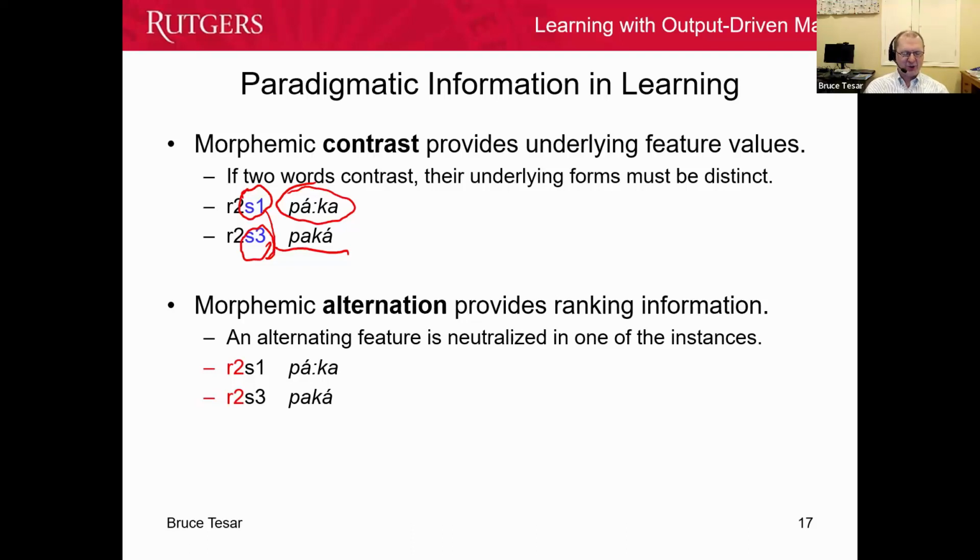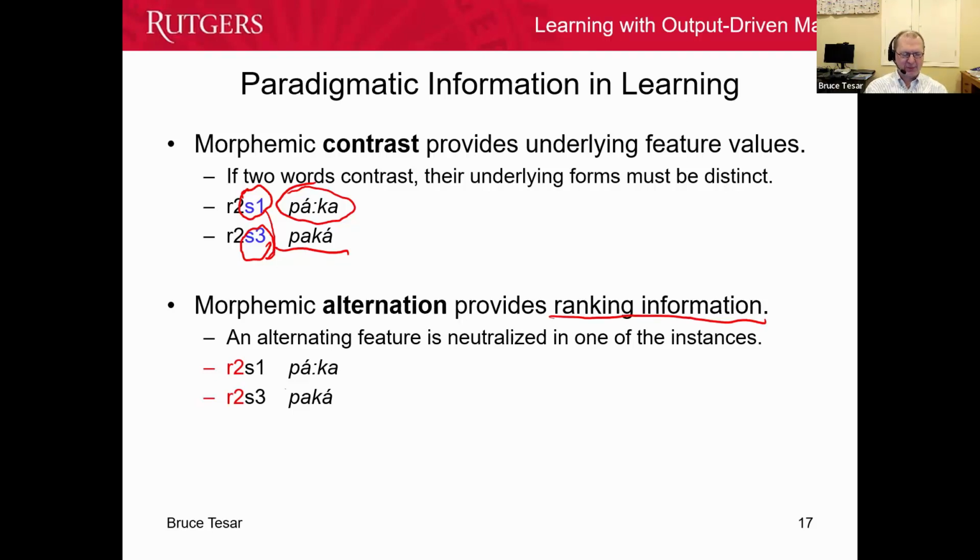If R2 is underlyingly unstressed, then the stress in R2S1 is being imposed by the phonology. And if it's underlyingly stressed, then that stress is being removed; it's getting de-stressed by the phonology in the second word. So that gives us information about the ranking, in particular when something about the Markedness constraints is forcing some kind of change from the input to the output.